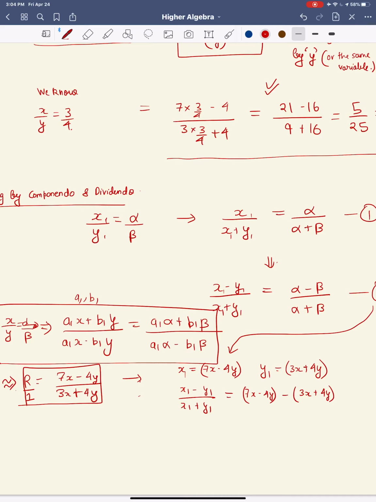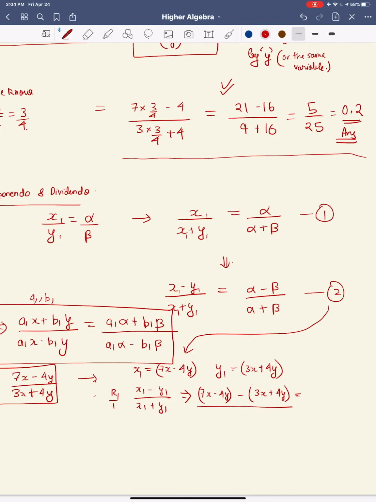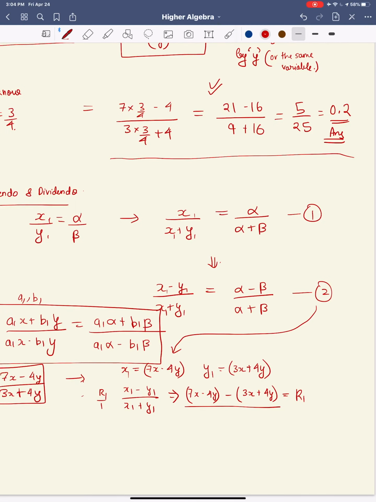So this is r over 1, and so this will transform as r1 minus 1 over r1 plus 1, and in the denominator we add x1 and y1, so we add 7x minus 4y plus 3x plus 4y, right?